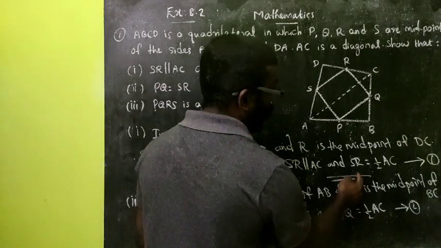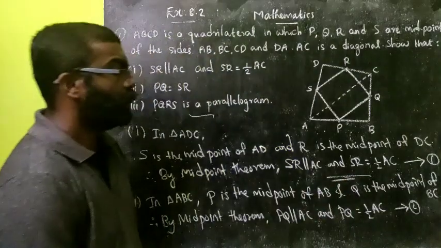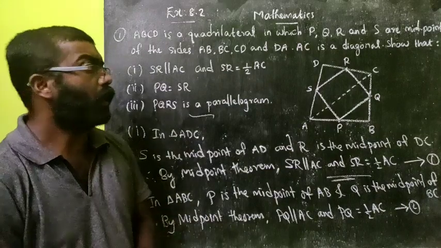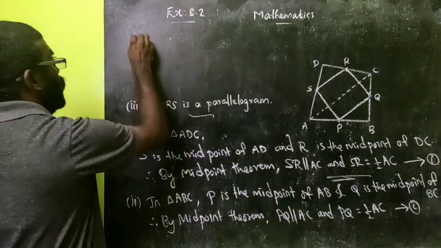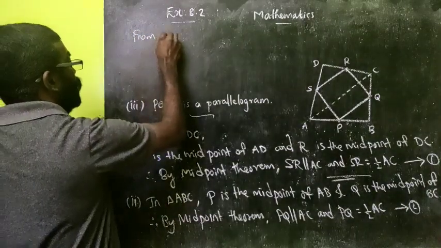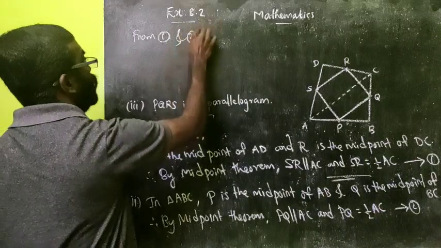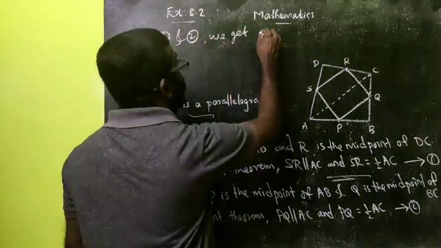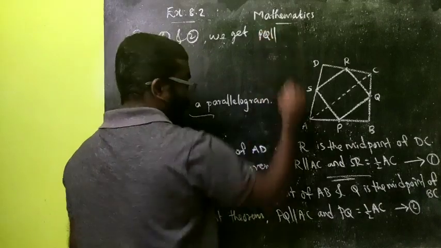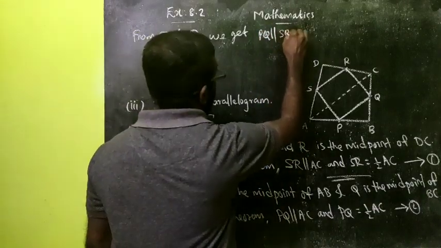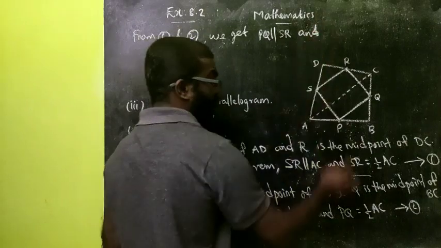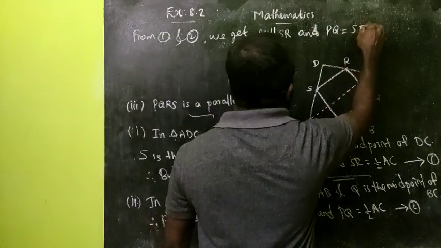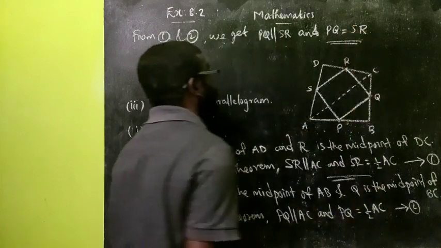RHS equal, so LHS must be equal. SR is equal to PQ. So from 1 and 2, we get PQ parallel to SR and PQ is equal to SR. So the second part is over.